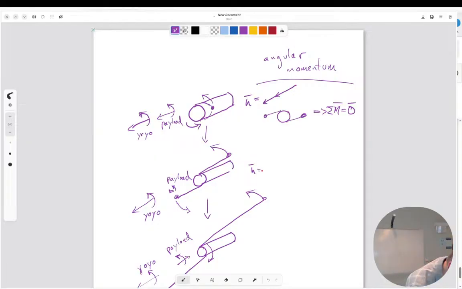So H is bigger for the payload, and meanwhile the yo-yos' is smaller. Then finally at the end, the yo-yos are big, and the payload has to be negative because the total still has to be the same vector. It still has to have the same magnitude and direction, because we're not creating any external torque on the system.